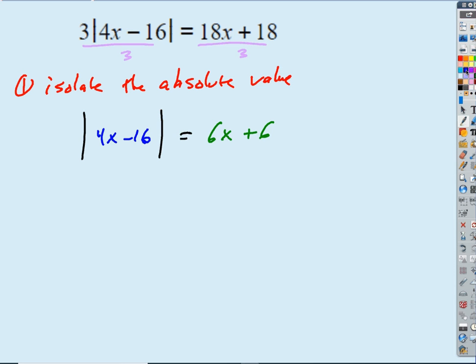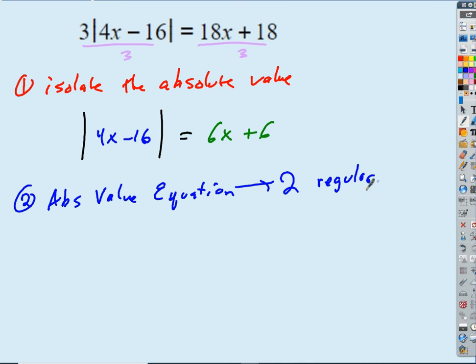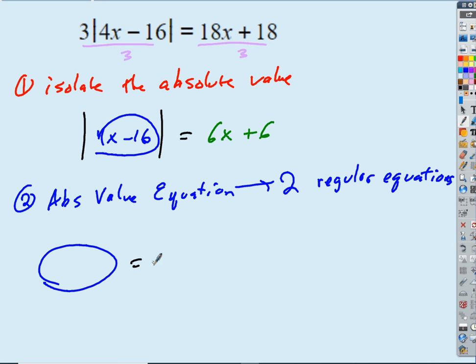So I'm going to write it this way. Absolute value equation becomes two regular equations, right? So whatever's inside is either going to equal positive 6x plus 6, you're right, sorry.